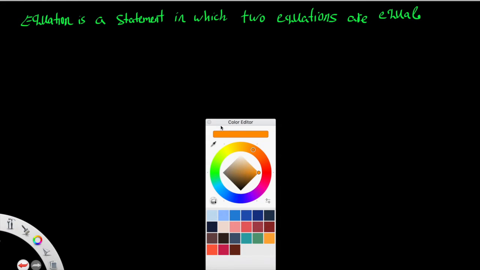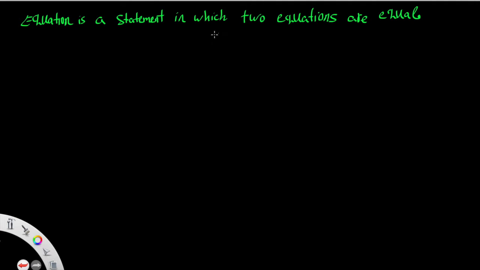When it says two expressions are equal, you should definitely see an equal sign in that statement. For example, 2 plus 3 is equal to 1 plus 4. Do you see? 2 plus 3 on the left hand side gives you 5, and on the right hand side 5. So it's an equation. Both sides are equal.